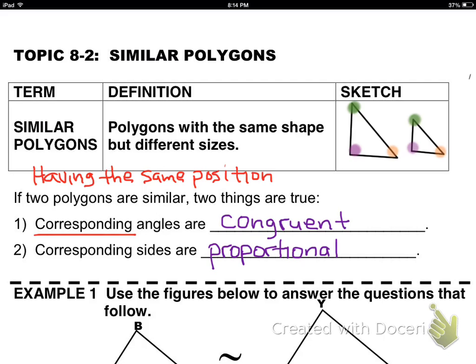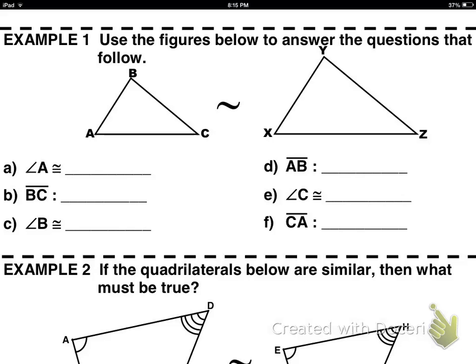What that means is that we can write the lengths of corresponding sides as ratios, and the ratios will all be equal, therefore proportional. Let's look at some examples.